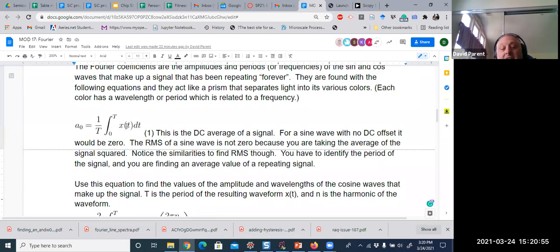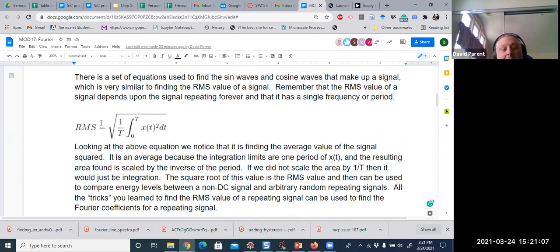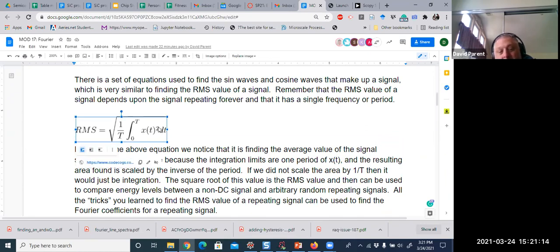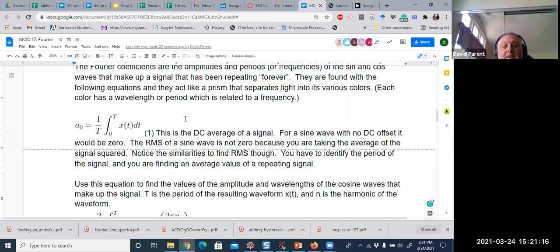We need to find the average of the signal, right? We're integrating over one period and scaling by the period. And notice how we're not squaring this and certainly not taking the square root, but it's almost the same thing, except it's not squared and no square root. And a lot of times this can be done almost by eye, right?